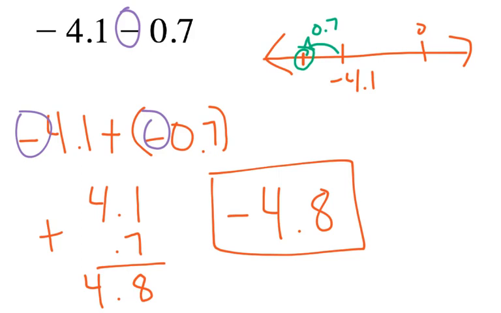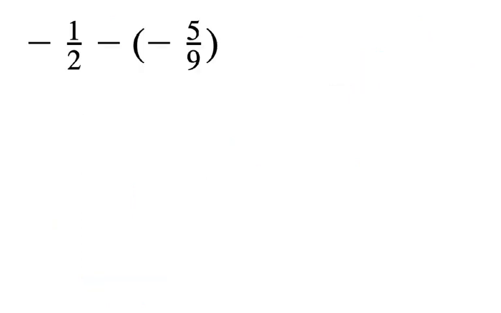Okay? Now, this problem has something that we need to be really, really careful and pay attention to. So if I've got negative 1/2 minus negative 5/9. I want you to remember, when I see minus negative, I should think, oh, that equals plus.